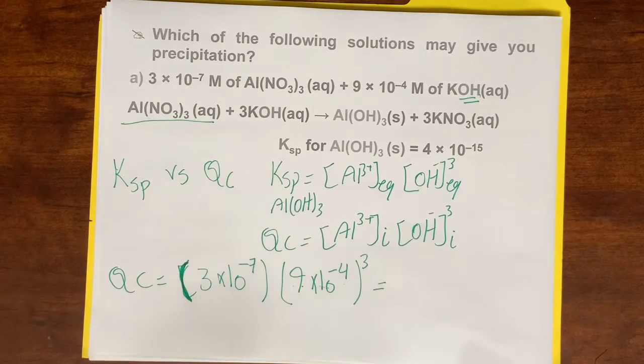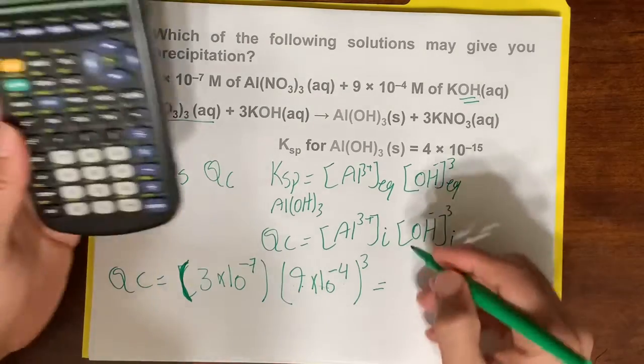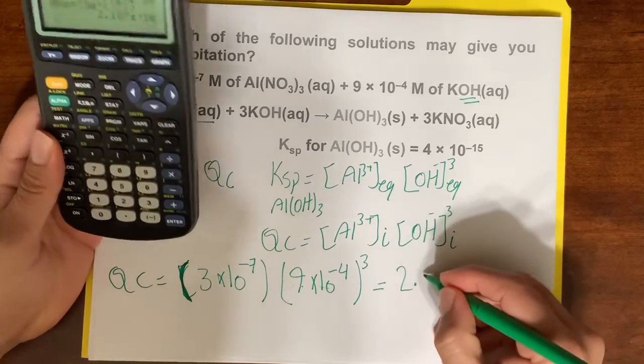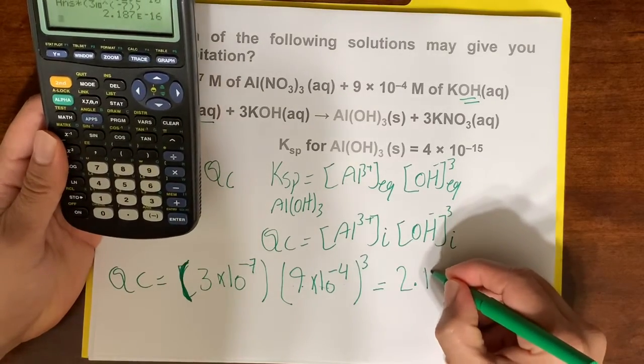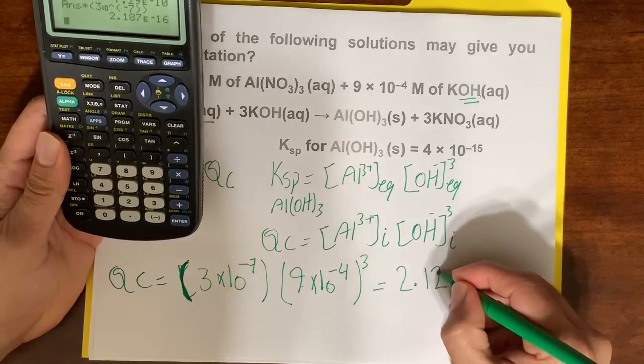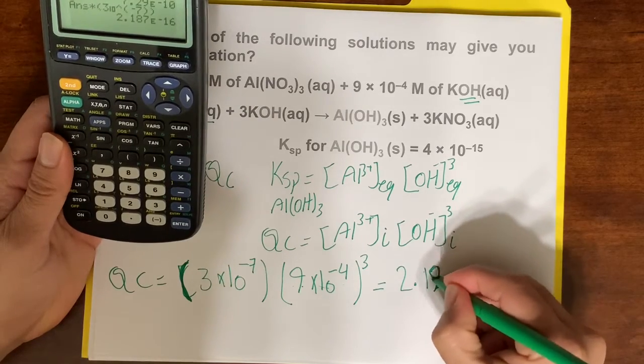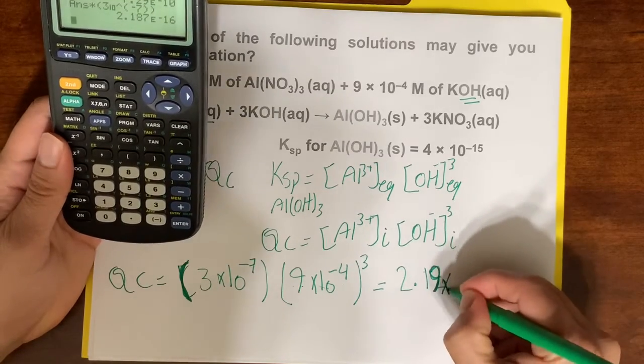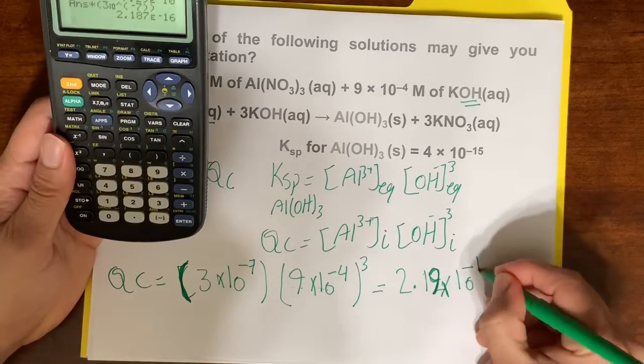So we have 9 multiplied by 10 to the power of minus 4, to the third, times 3 times 10 to the power of minus 7. The answer is 19 multiplied by 10 to the power of minus 16.